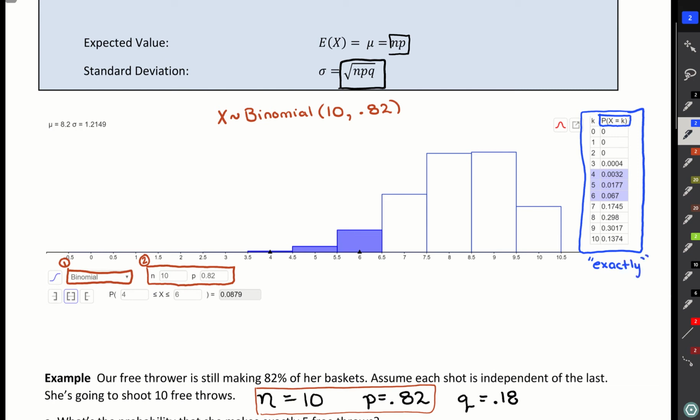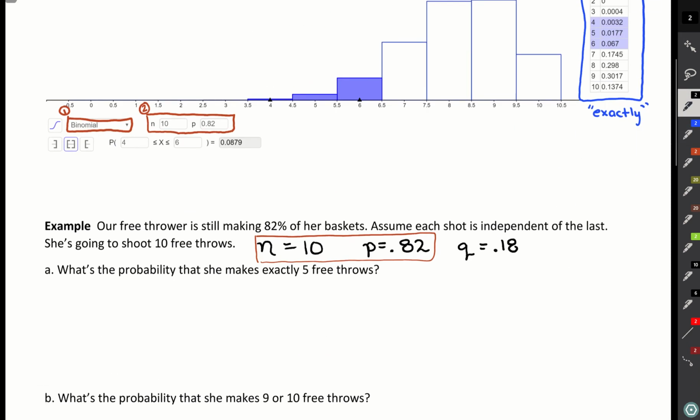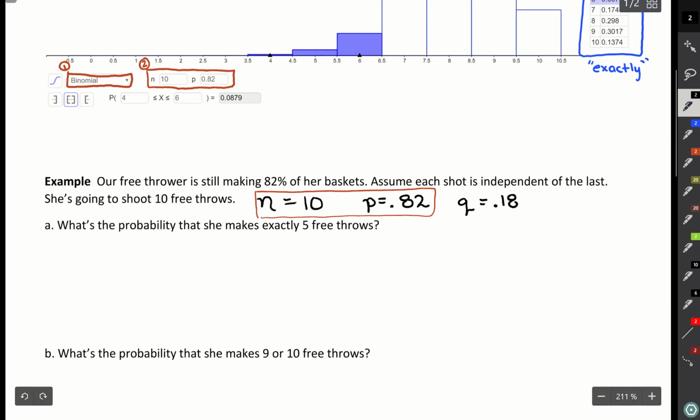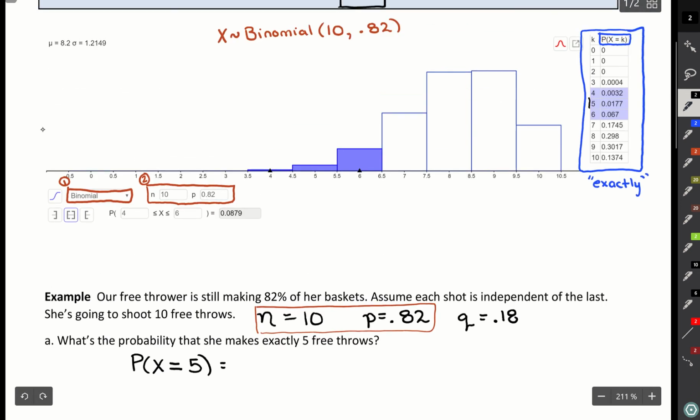So that actually links to our first example down here. In part A, what's the probability that she makes exactly 5 free throws? Well, if we're looking for the probability of X equal to 5, we just look at our table and go to where 5 occurs, and the probability is right next to it.